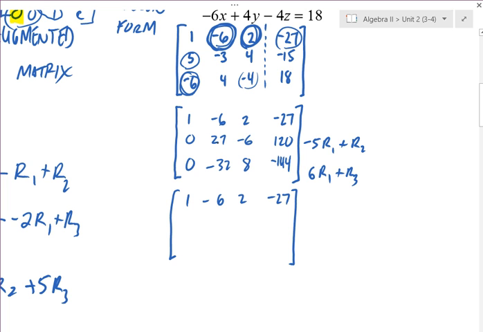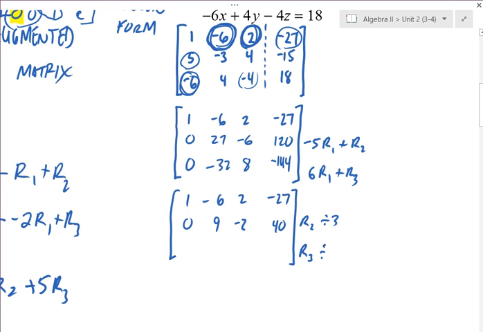But the second equation, do you see anything that divides evenly into 27, -6, and 120? I could take row 2 and divide everything by 3, and that's going to give me smaller numbers, which makes my arithmetic easier. So the 27 becomes a 9, the -6 becomes a -2, and the 120 becomes 40. So now I suddenly have smaller numbers. How about row 3? What can I do?